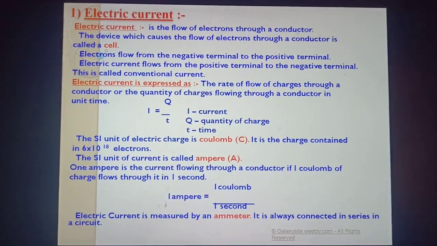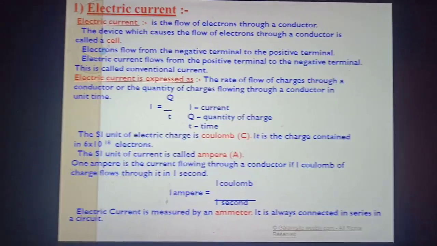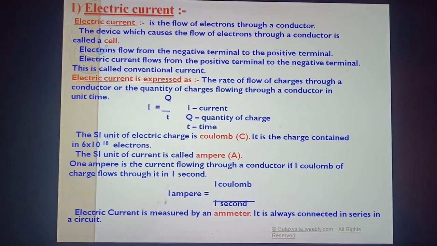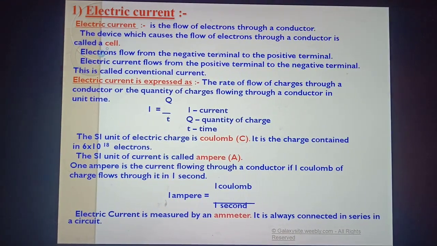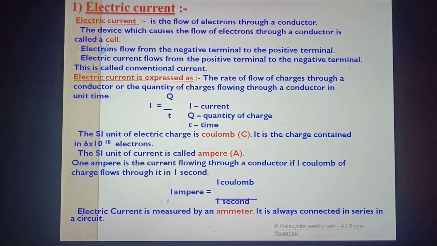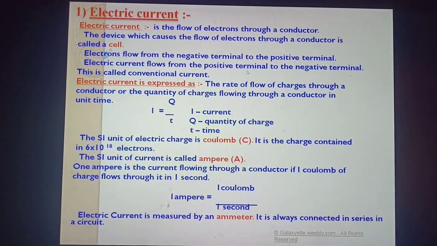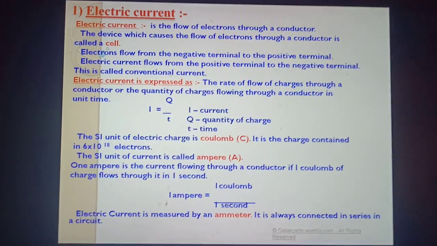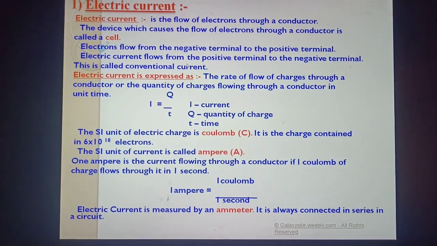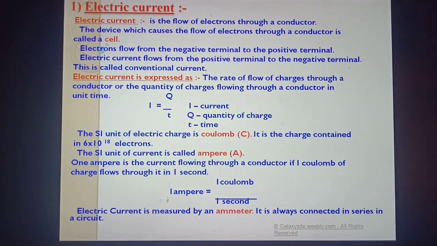So we can say there are two types of flow of current. One is called the actual flow of current, the flow from the negative to the positive terminal. The other is the conventional flow, the electric current which flows from the positive terminal to the negative terminal, which is how we show it in a circuit.